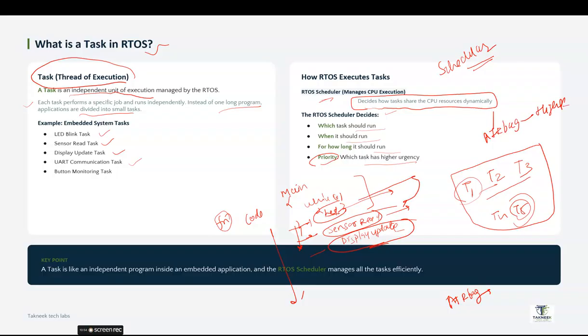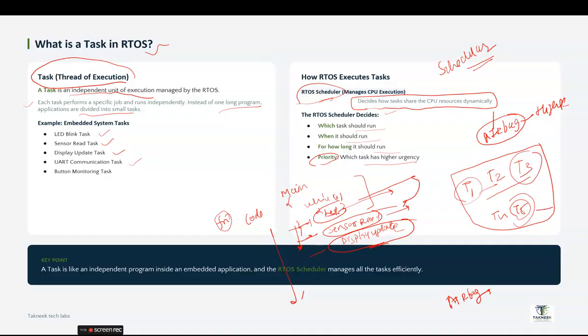Whatever is happening in the background has to go, but the airbag task has to get the highest priority. This is the most urgent task at that time. So who will decide the urgency? The RTOS scheduler will decide: this is the time task 3 is urgent, this is the time task 5 is urgent, and so on and so forth.